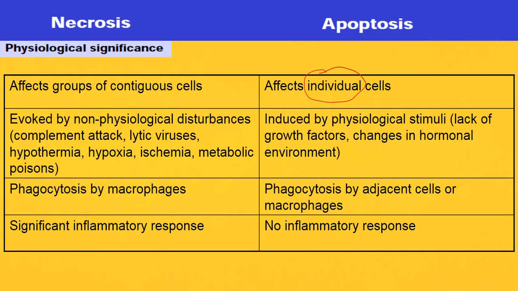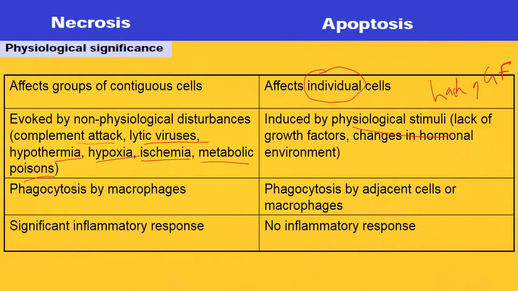Necrosis is evoked by non-physiological disturbances such as the immune system's complement attack, lytic viruses, hypothermia, hypoxia, ischemia, and metabolic poisons. Whereas apoptosis is induced by physiological stimuli, that is, lack of growth factors and changes in hormonal environment.